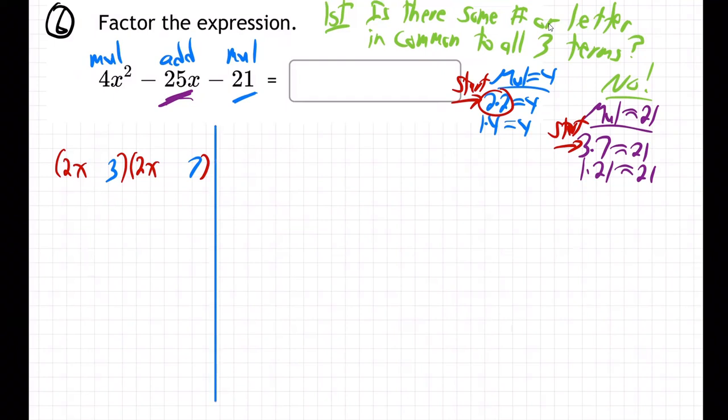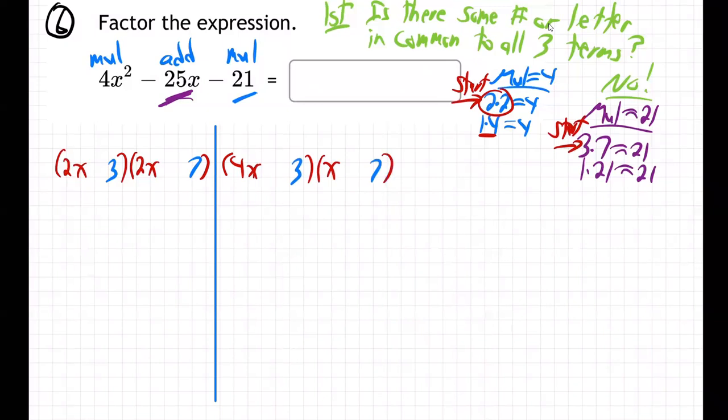And then next, I'm going to go to the 1 and the 4. So what if it is 4x and x, and that can be with 3 and 7 like that.